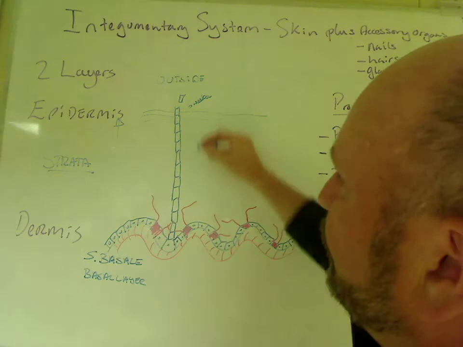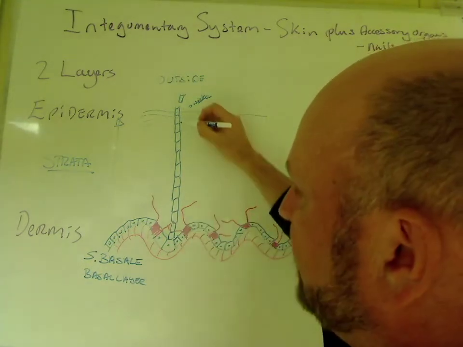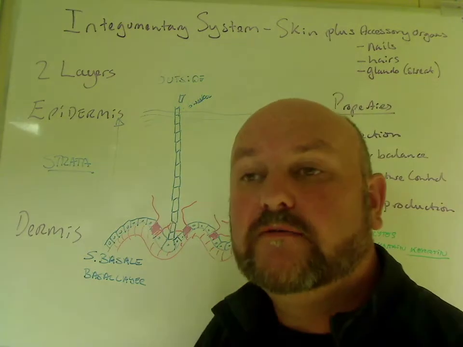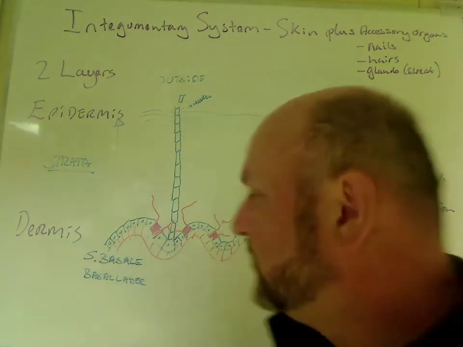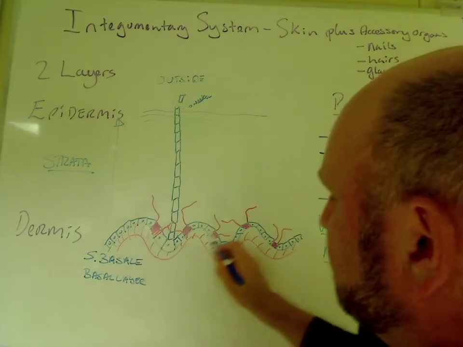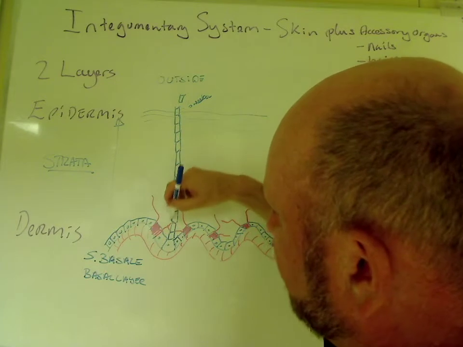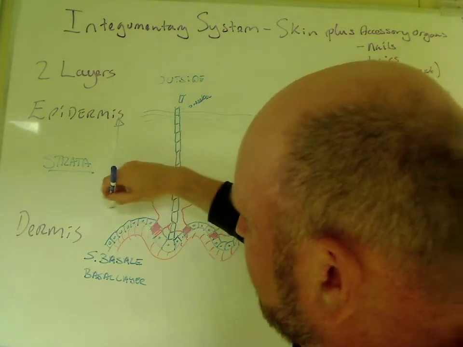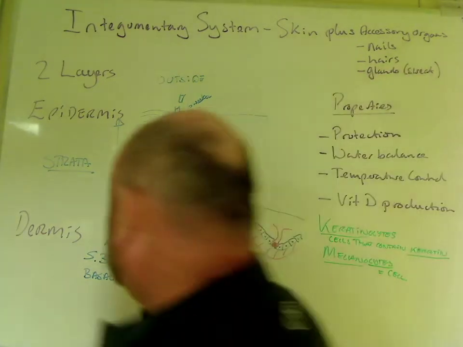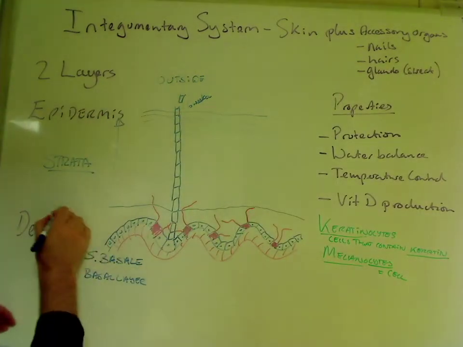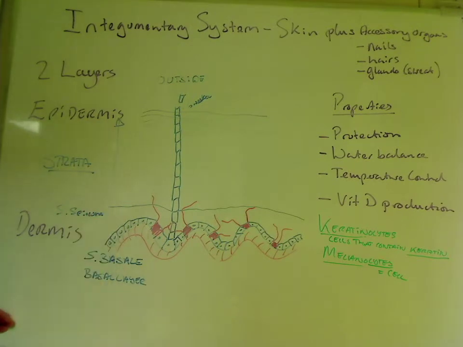As it goes through this process, this is a keratinocyte, it goes through changes, and the changes are essentially documented by the changing in the way that we call the layers. So this first layer is stratum basale. The next layer above it, here, is stratum spinosa.